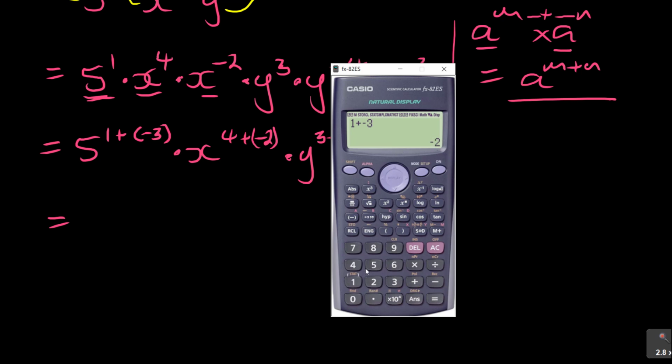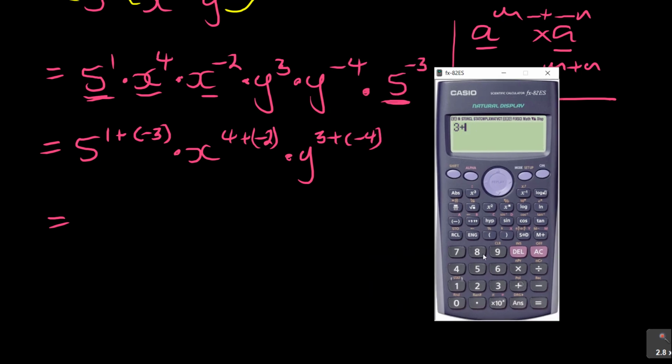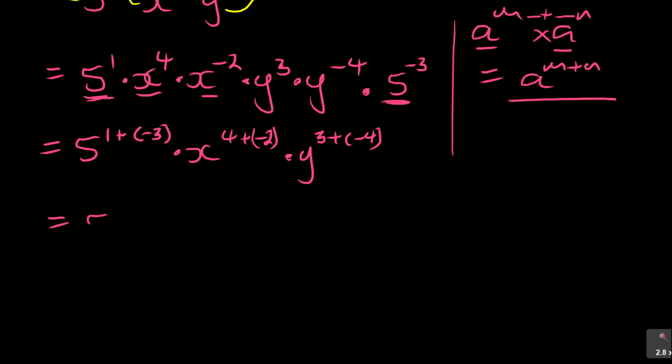It's negative 2. 4 plus negative 2 is positive 2. 3 plus negative 4 is negative 1. So you have 5 to the power negative 2, dot x to the power 2, 4 minus 2 is 2, dot y to the power 3 minus 4 is negative 1.